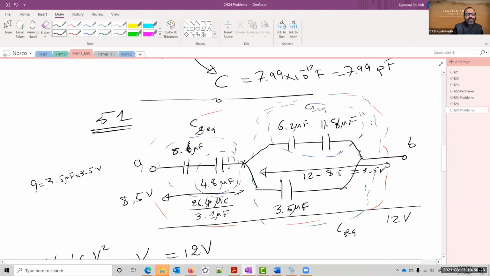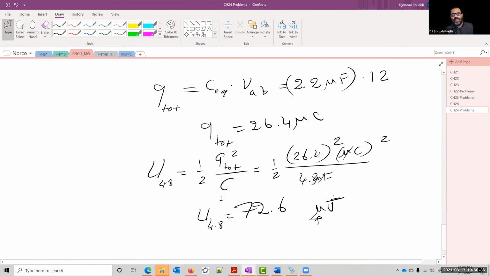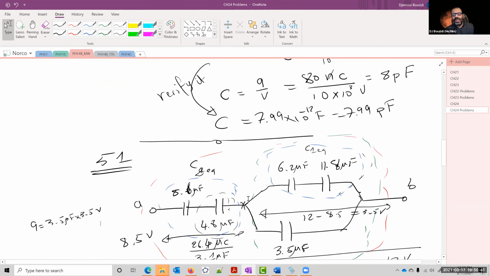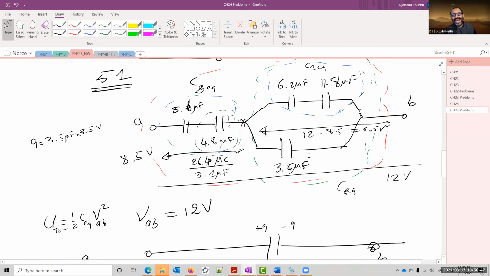If I multiply this 3.5 times 3.5, should it be more than 26? Because the overall charge is 26.4 microcoulomb, and when it came to this point, it split itself. Some of it went this way and some went up there. Now, can this charge be more than 26.4? Or that charge, for that matter, can it be more than 26.4?